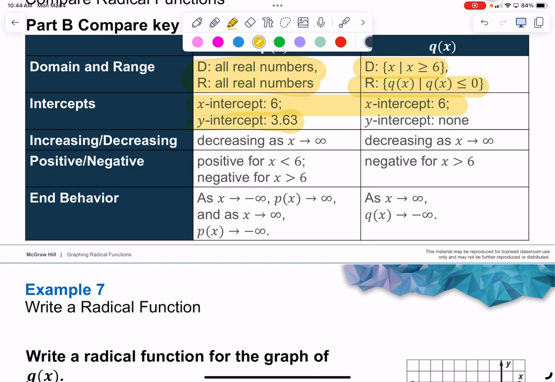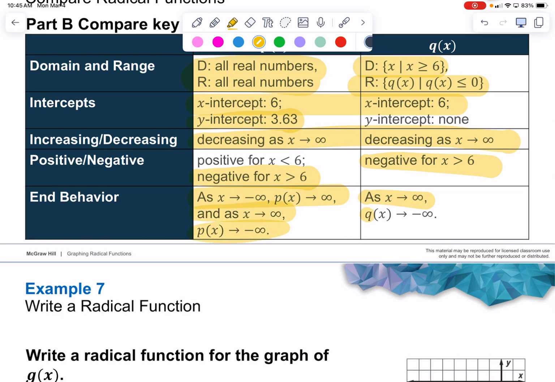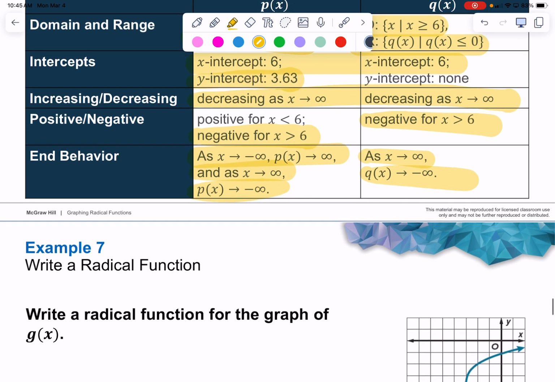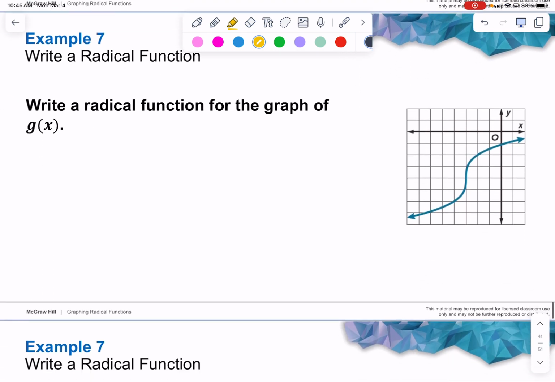P of x had a y-intercept, Q of x did not. They're both decreasing functions. They're both negative for x bigger than 6, but P of x was positive for x smaller than 6. And as x gets smaller and smaller, P of x got bigger. But for both of these, as x gets bigger, our y's get smaller. Okay?